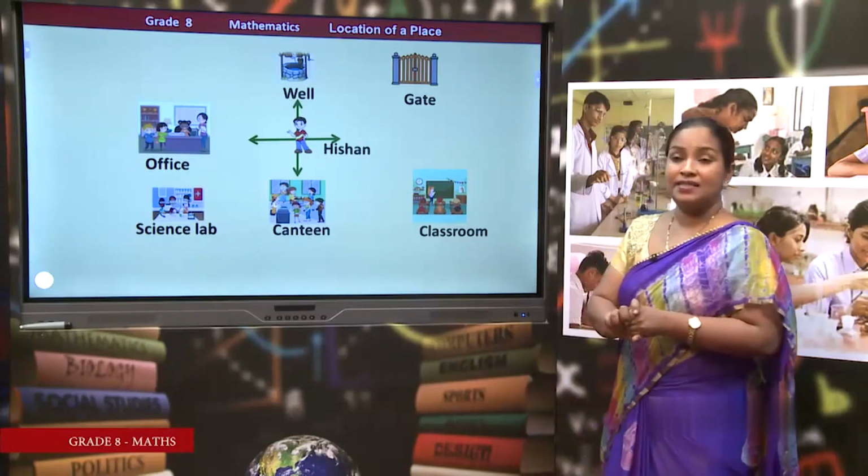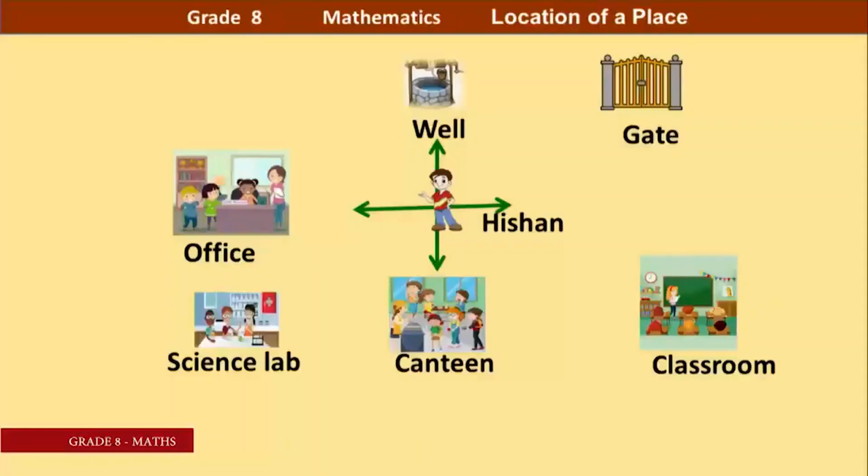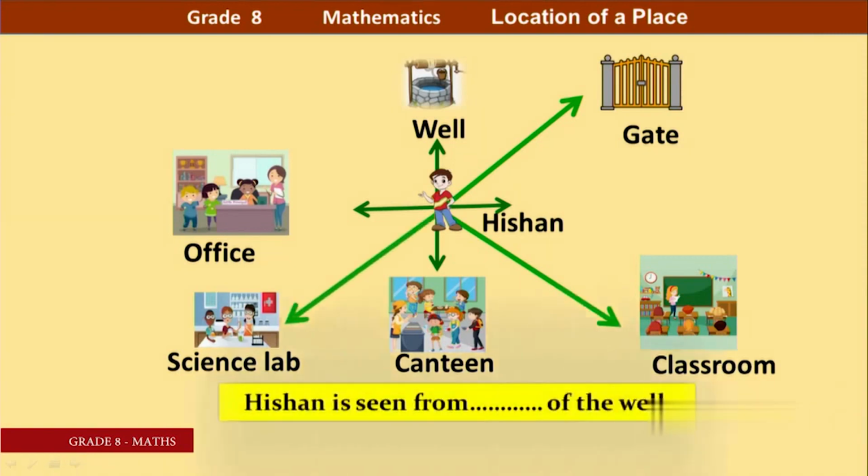Okay. You can see some figures: well, gate, classroom, canteen, science lab, office, and at the middle you could see Hishan. We are going to compare the position of Hishan related to each of these places.